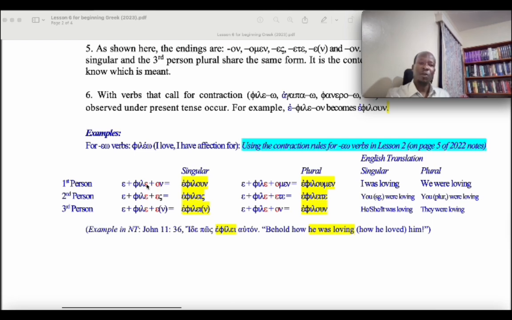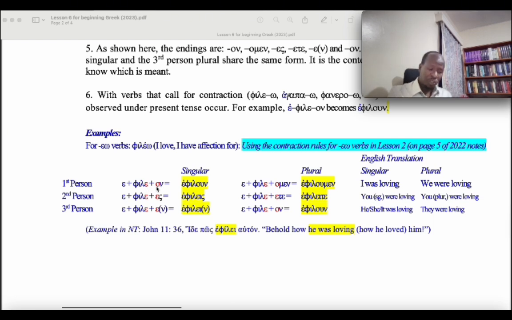The epsilon of the stem and the omicron of the ending will change the form of the verb.